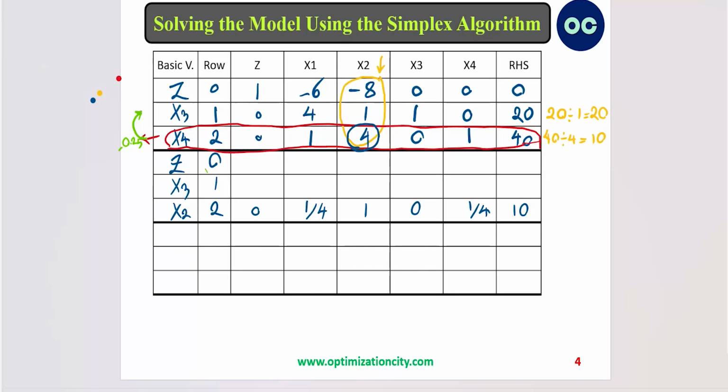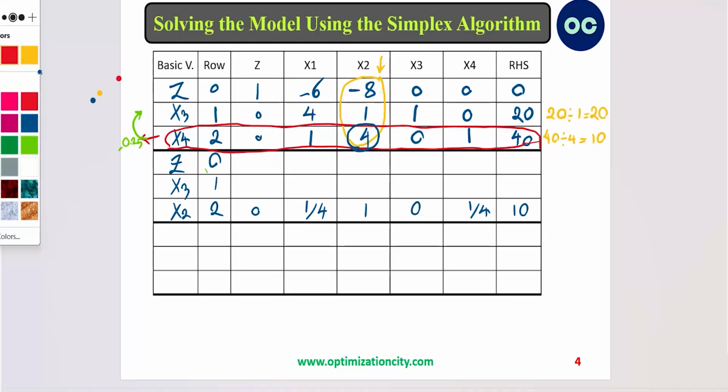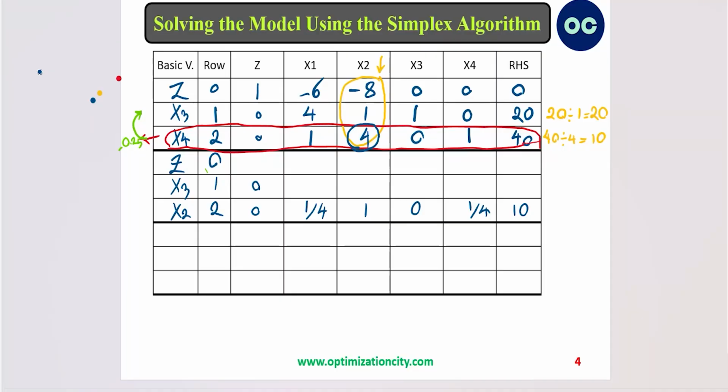So as a result, this is 0. 1 multiplied by minus 0.25 plus 4 would be 3.75. 4 multiplied by minus 0.25 plus 1 is equal to 0. 0 multiplied by minus 0.25 plus 1 is 1. This is minus as well.